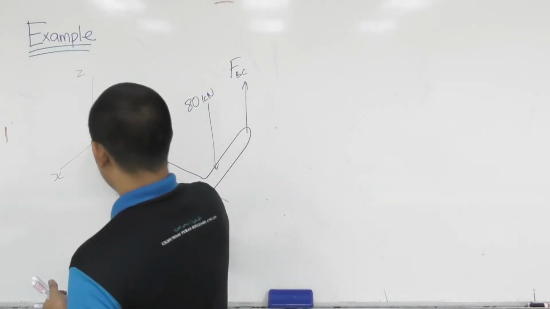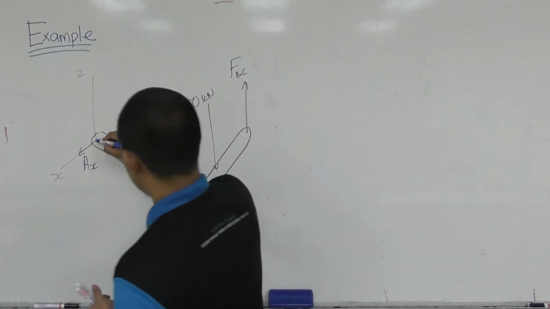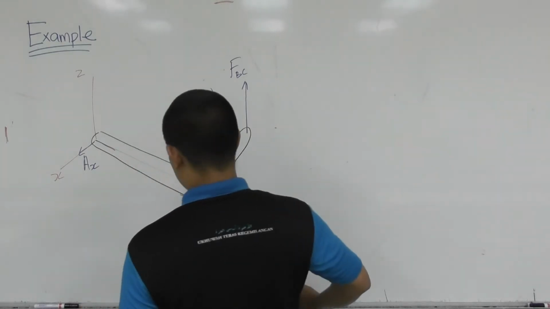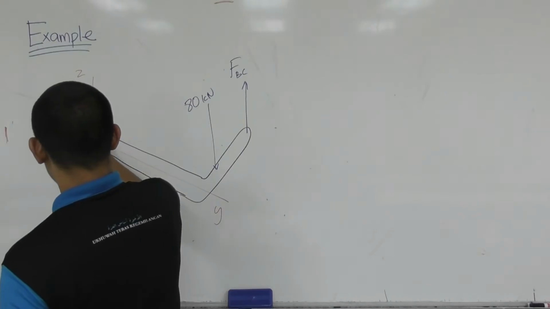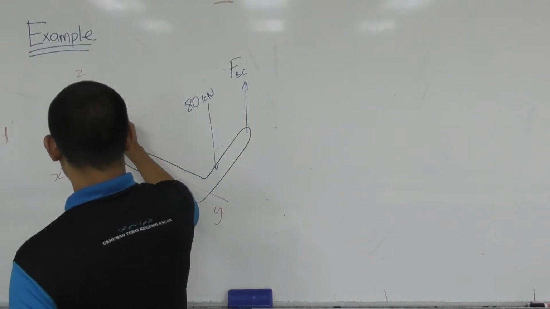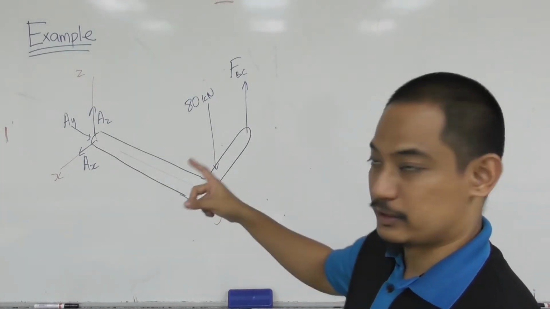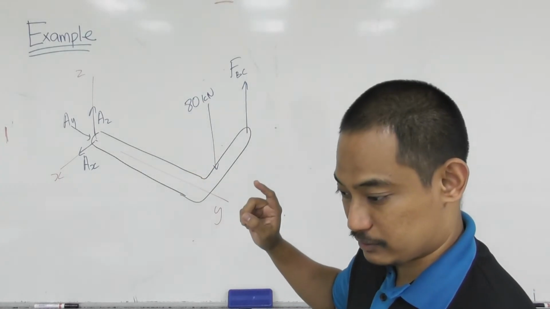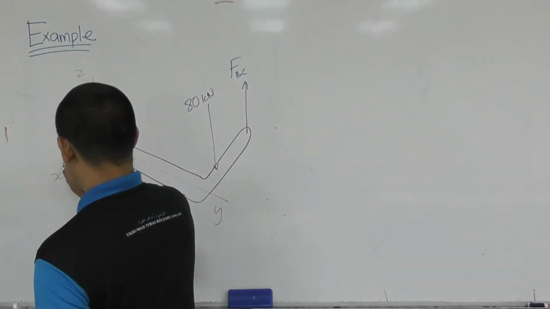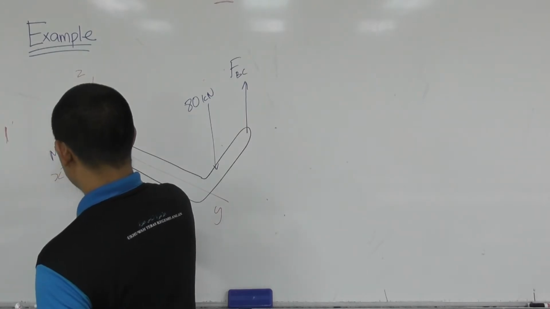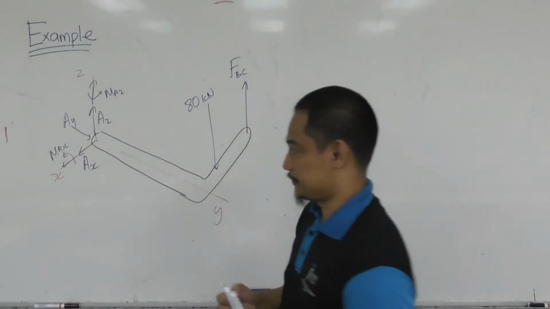So we'll have AX. Let me draw it outside. AY, AZ. So we have all three forces as support reaction, and also we have moment support reactions here, where this is MAX and MAZ.